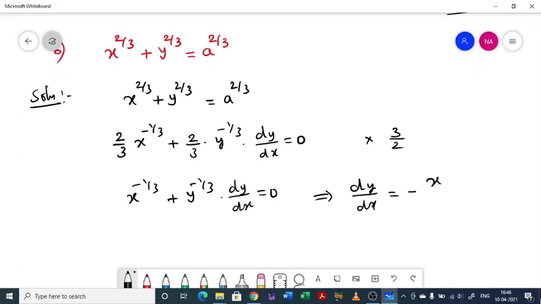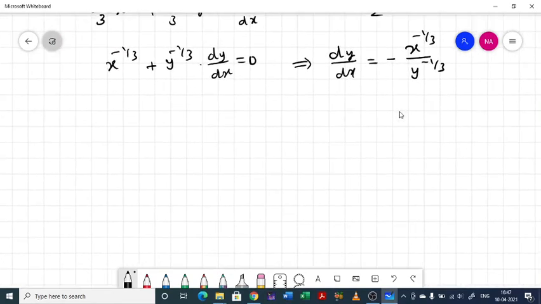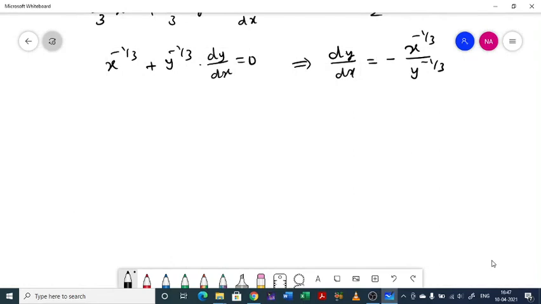So from this, dy by dx equal to minus x power minus 1 by 3 divided by y power minus 1 by 3. So this you can write as, to avoid that negative sign in the power, dy by dx equal to minus y power 1 by 3 divided by x power 1 by 3.